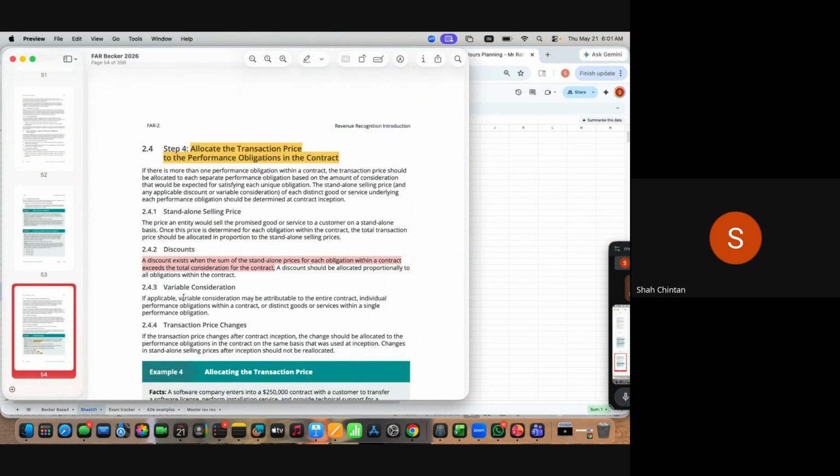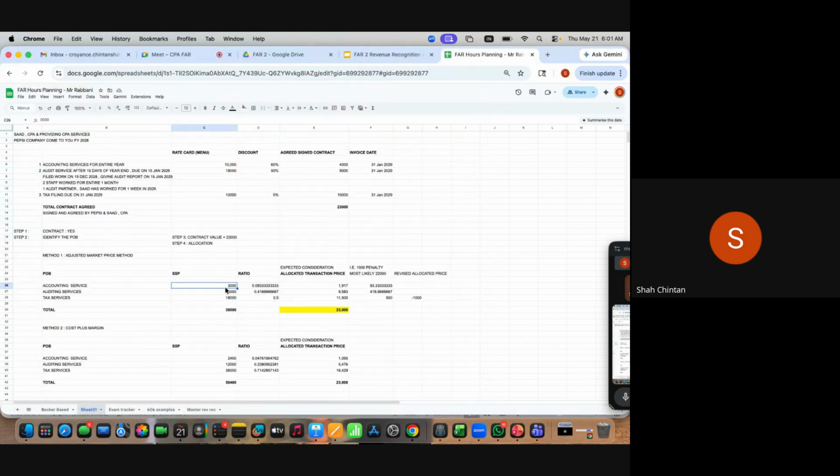So what it says is that variable consideration may be attributable to the entire contract or an individual performance obligation or multiple performance obligations also. So if you feel accounting services will be on time, but the delay will be only because of the auditing and the tax services only, what you do, you just allocate your penalty between auditing and tax services only, and not to the accounting services.